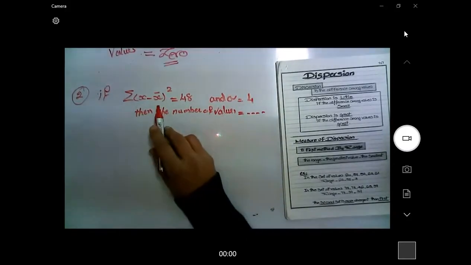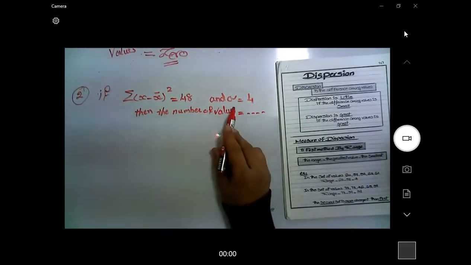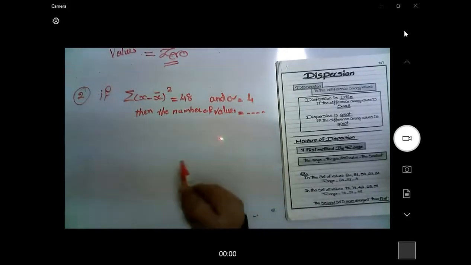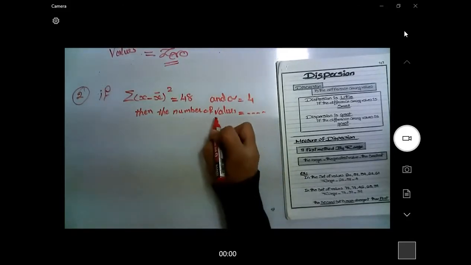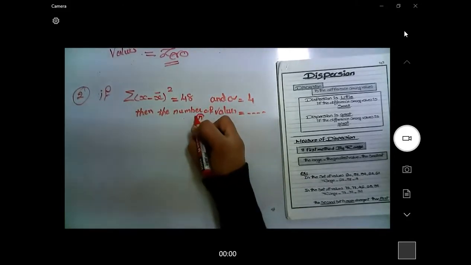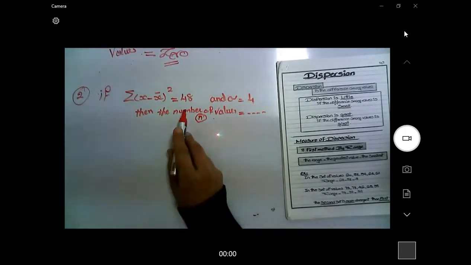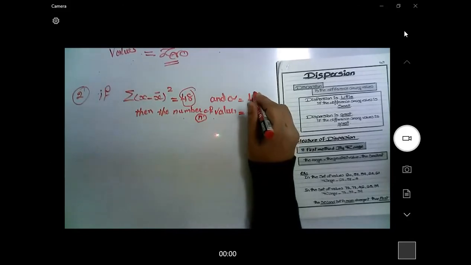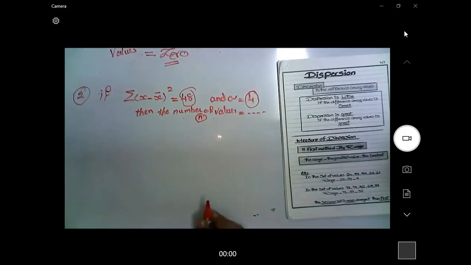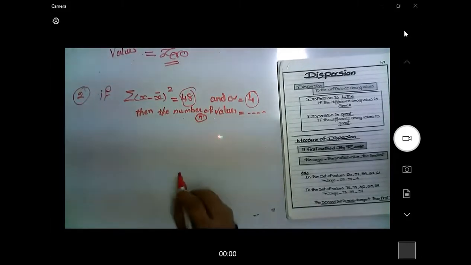We have the summation of (x minus x dash) all power 2, and the standard deviation sigma is 4. We want to calculate the number of values n.